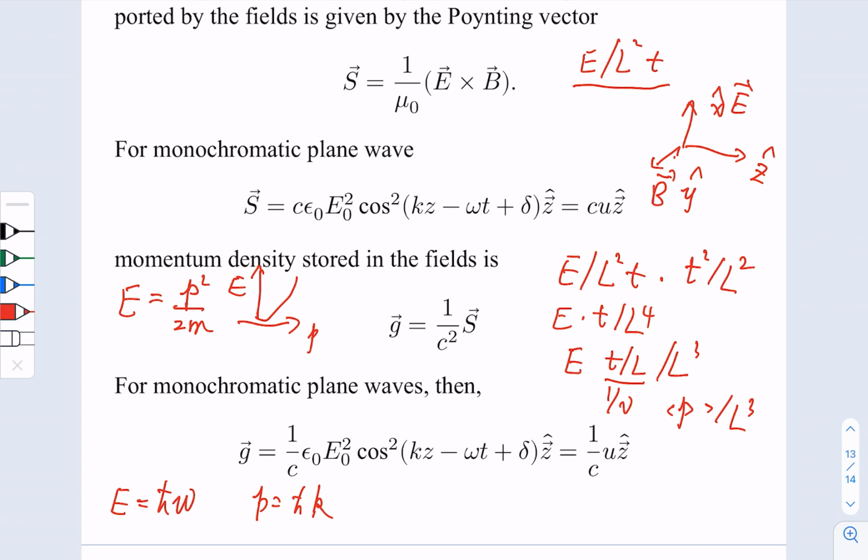I guess that should be correct. Which is E over c. So the difference between momentum and energy is a factor of 1 over c for light. So for light, the dispersion relation of E over p is a straight line.